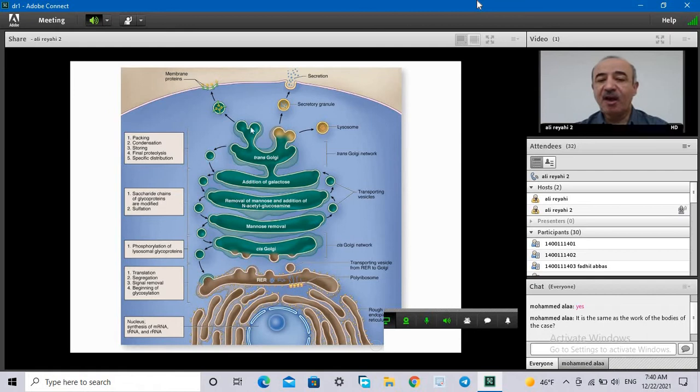This is the function of the Golgi apparatus, and it's very important for protein synthesis.